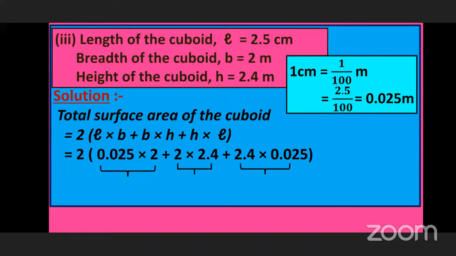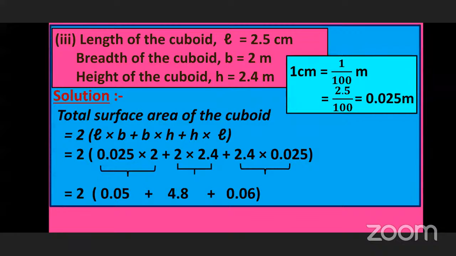0.025. Okay. Can anyone do this multiplication of 0.025 by 2? Yes, miss. So what is the answer? 0.05. Yes, the answer is 0.05. And check the other answers also.